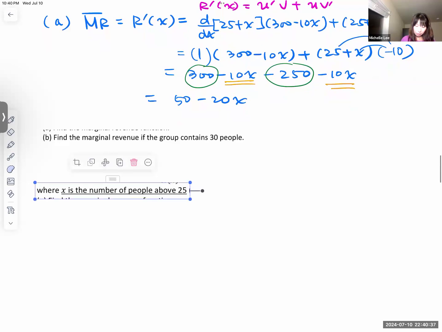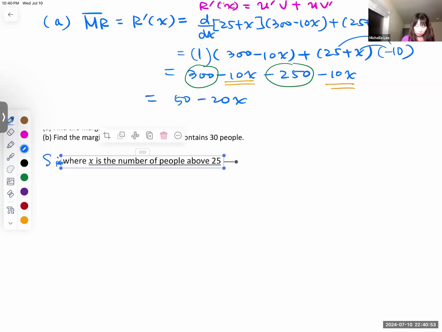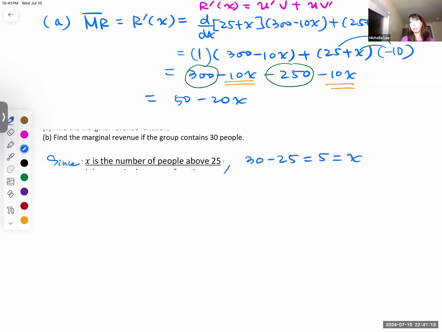Come on, come on. So since x is the number of people above 25, we have 30 minus 25, which is 5 for x. We are using that, okay?